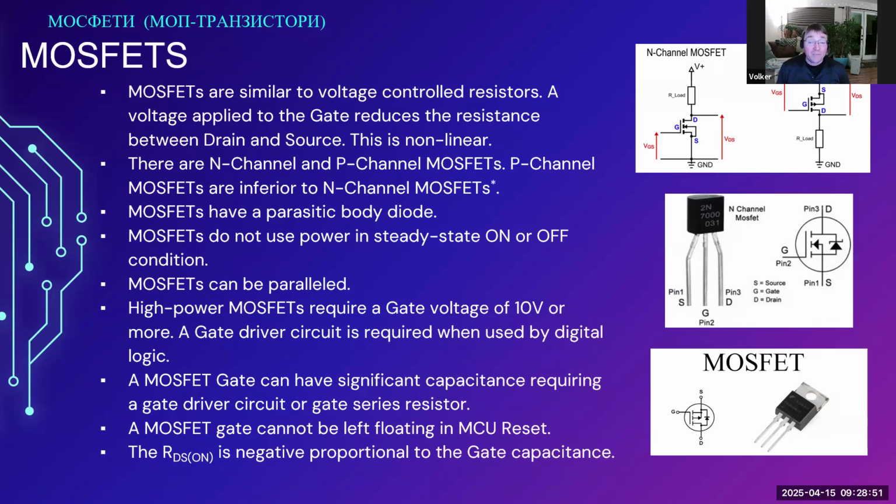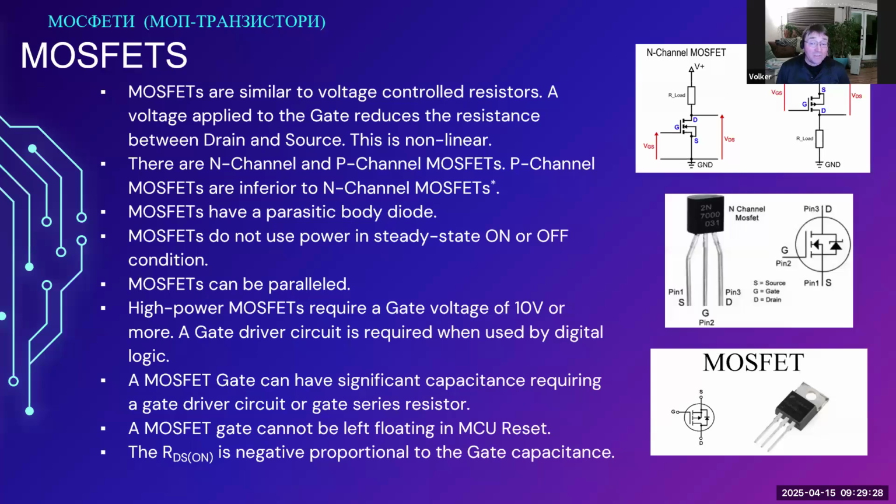The effect is that you can have P-channel MOSFETs that are perfectly good and almost identical to the complementary N-channel MOSFET, but either they are slightly more expensive because they need a little more silicon, or they have a higher gate capacitance, which we're going to talk about, or a slightly higher on resistance.